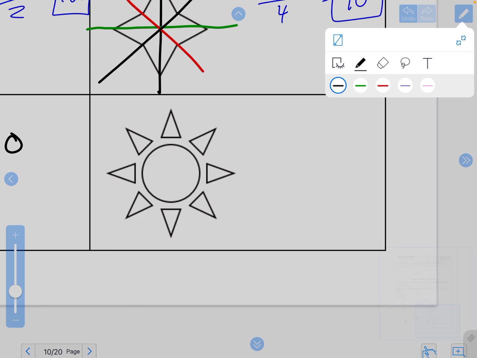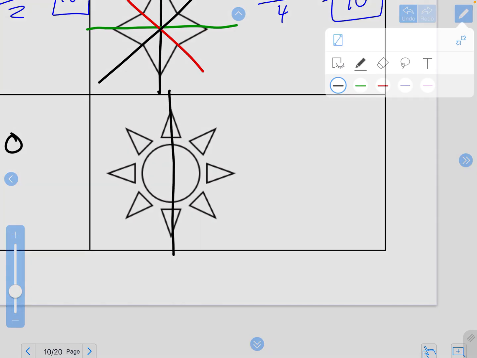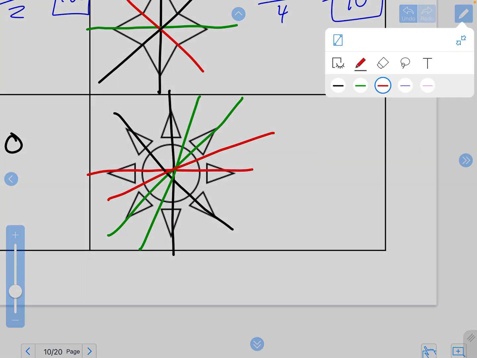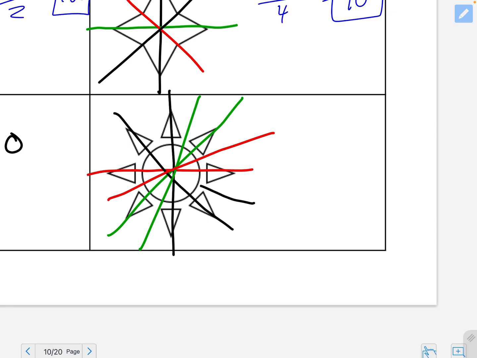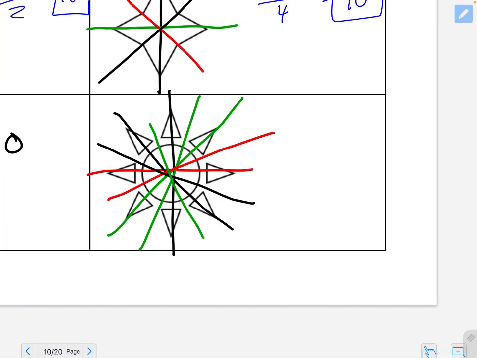So if we look at our sun, it is going to have a lot of points of rotation. So we're able to cut it in half there, there, there, there, and then we're able to come back and cut it in half there, there, there, and then there.